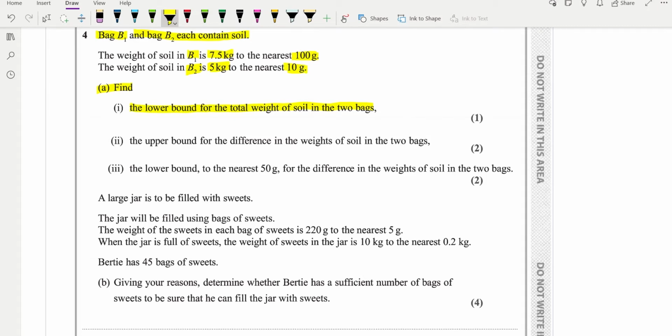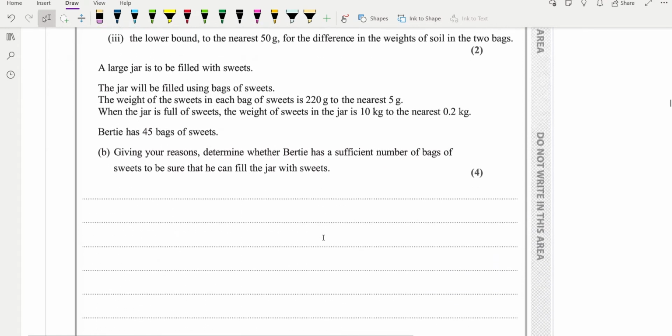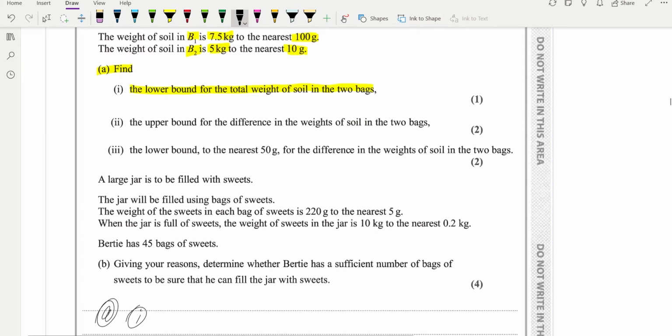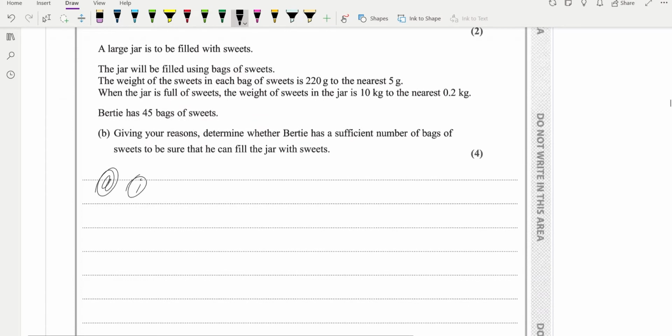So for A part, lower bound of the weight. We will take the lower bound of the first one, 7.5 kg to the nearest 100 gram. 7.5 kg, we can write it as 7500 grams, and lower bound will be what?